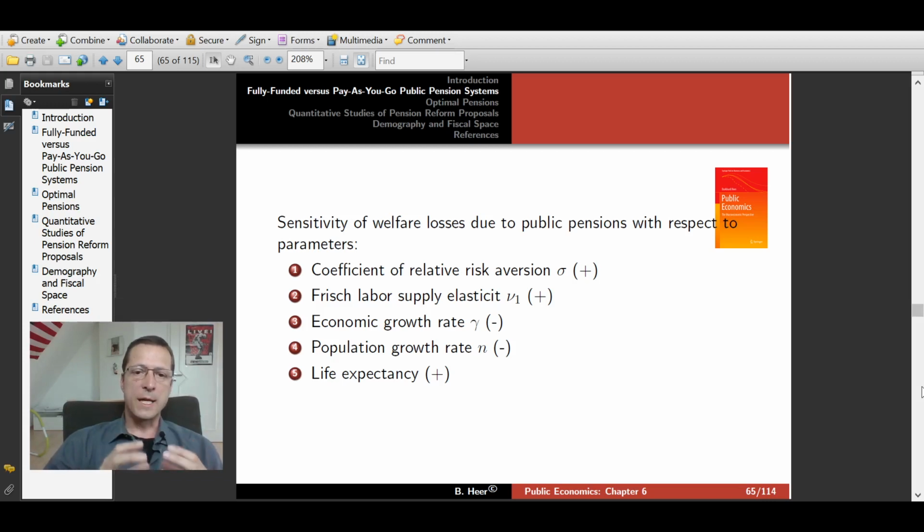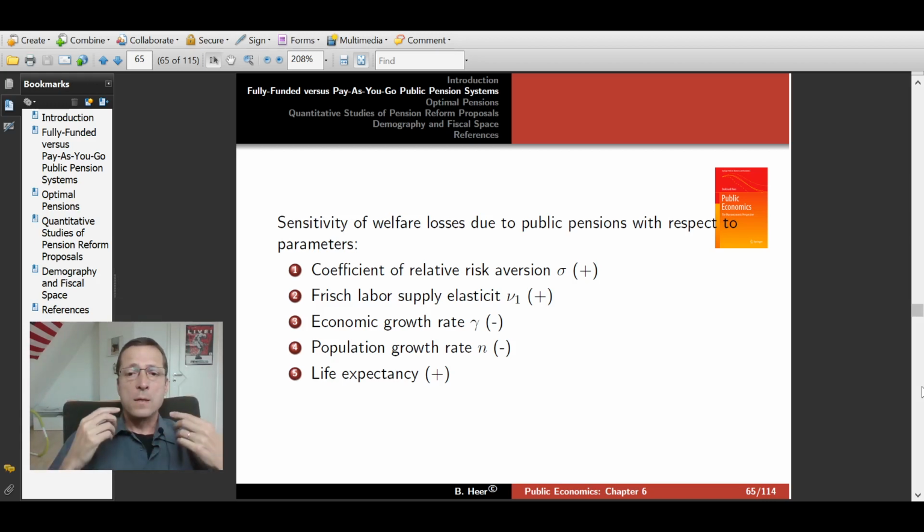Given this schedule, that it's rather lump sum and rather progressive, as we call it, the optimal amount of public pension is found to be really low. It's usually in the range of 0 to 20%, and on average around 10 to 15%.